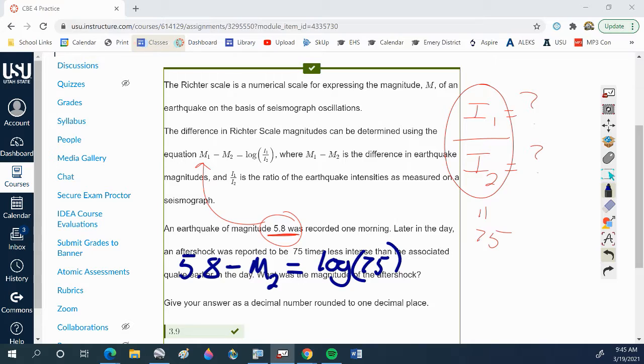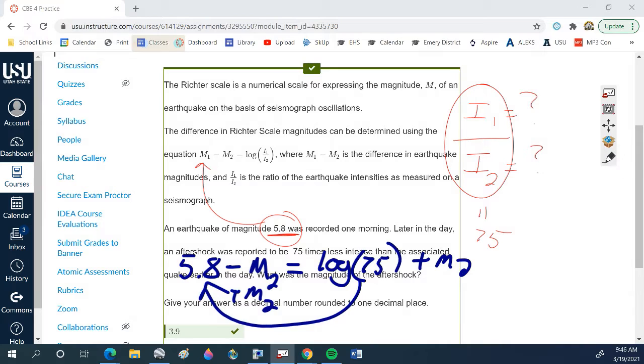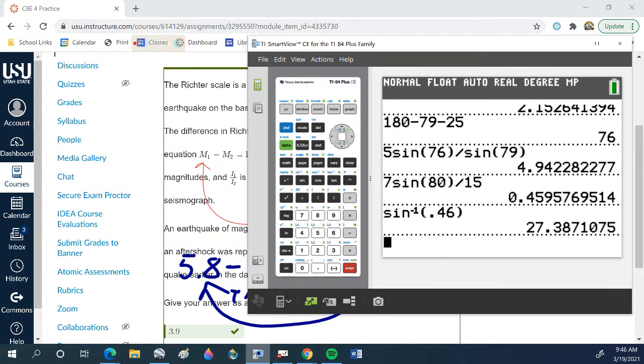Now, how easy is it to solve that? It's super easy. I'm going to add the magnitude of 2 over here, and I'm going to subtract the log of 75. So the end result is simply 5.8 minus the log of 75.